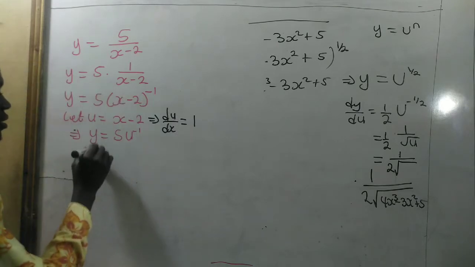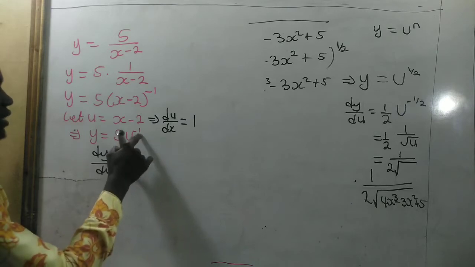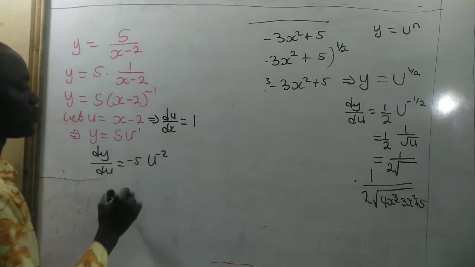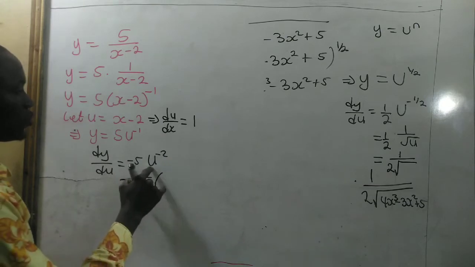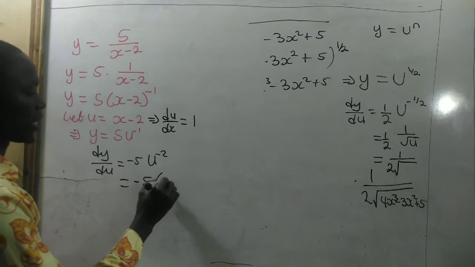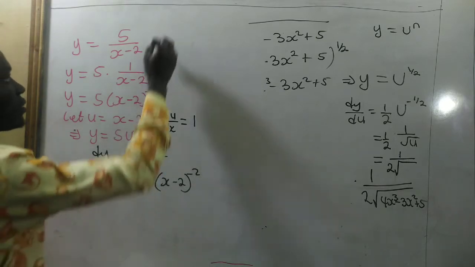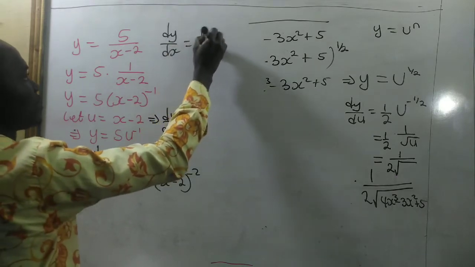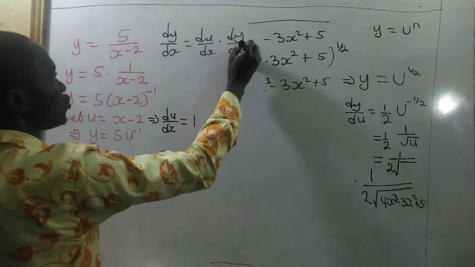If we differentiate negative 2, it is a constant, you get 0. And here, the derivative of y with respect to u will give us negative 1 times 5, negative 5, u to the power negative 2. And this is the same as minus 5 times, u is x minus 2, so you have (x minus 2) to the power negative 2. So here, the derivative of y with respect to x is equal to the derivative of u with respect to x times the derivative of y with respect to u.